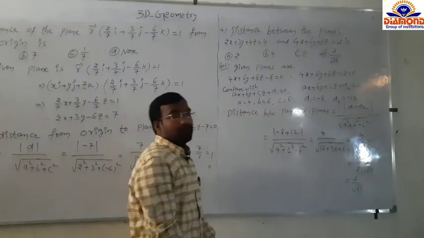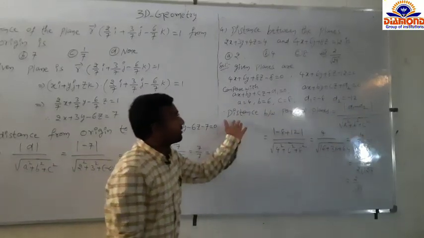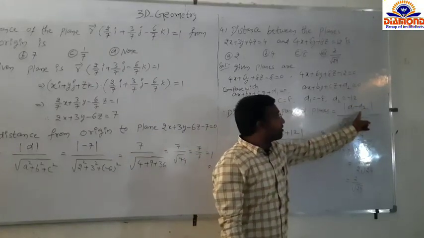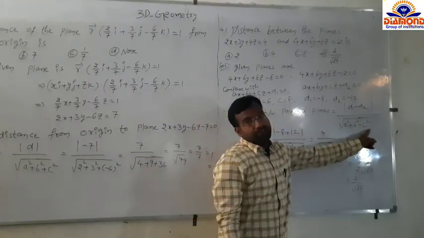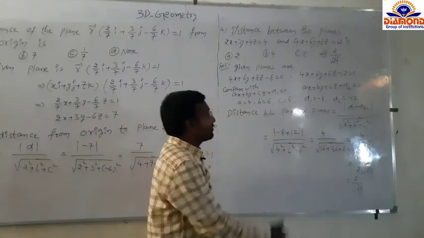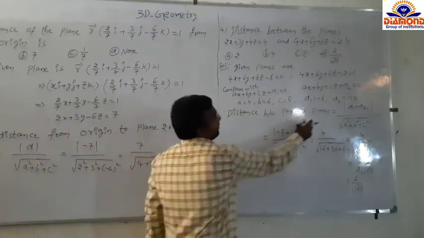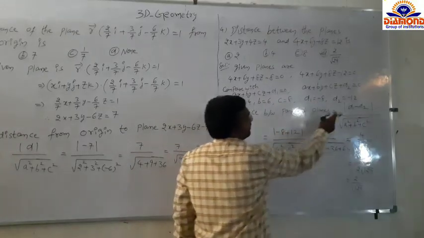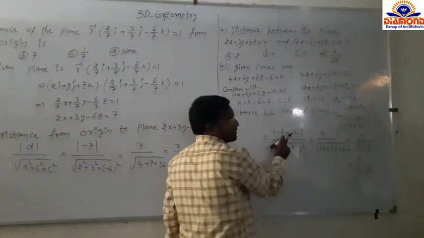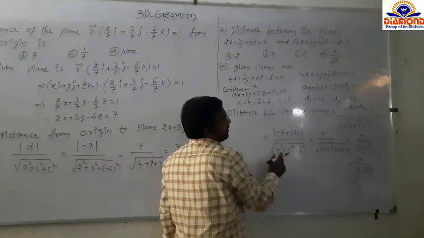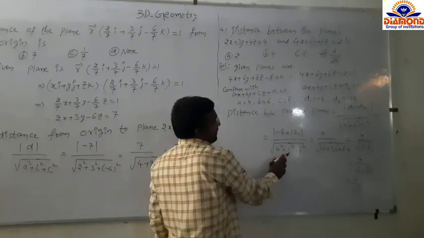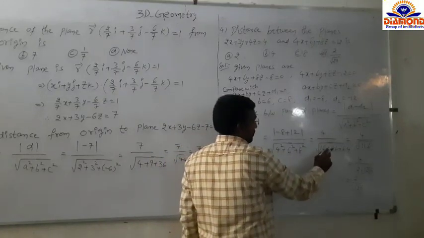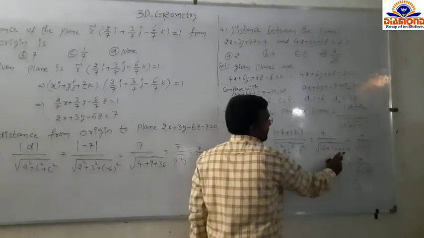So what is the formula? Distance between parallel planes formula. Already you know this: modulus of d1 minus d2 by root over a square plus b square plus c square. So substitute the values. Modulus of d1, which is minus 8, minus d2 value minus 12. So minus 8 plus 12 is 4, by root over 4 square plus 6 square plus 8 square, equal to 4 by root over 16 plus 36 plus 64.